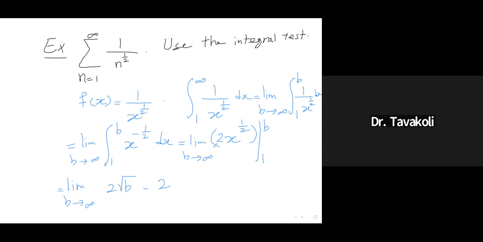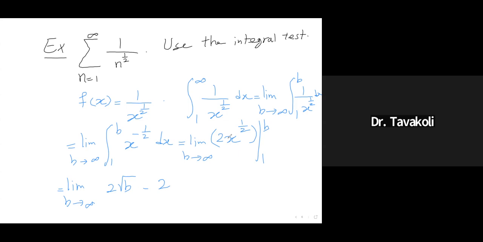One more time, this antiderivative 2 times x to the power of 1/2 evaluated at b is 2 times b to the power of 1/2, and we know that b to the power of 1/2 is radical b. And the same function evaluated at 1 is 2 times 1 to the power of 1/2, which is 2.